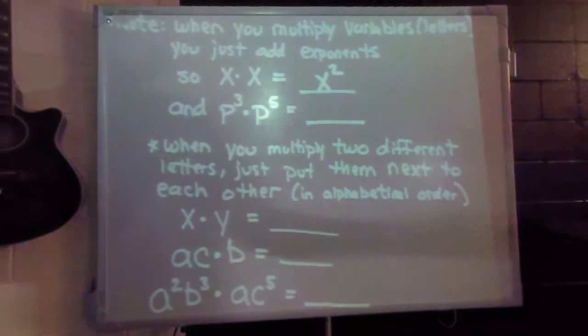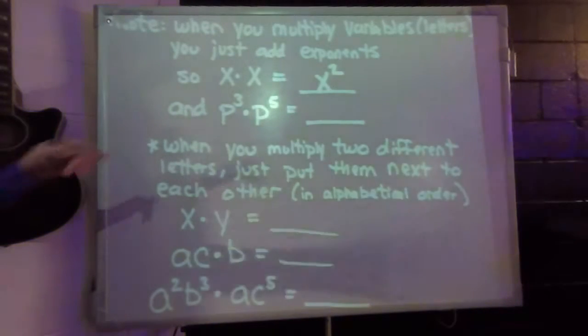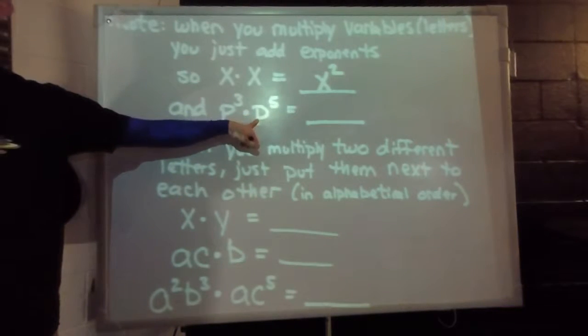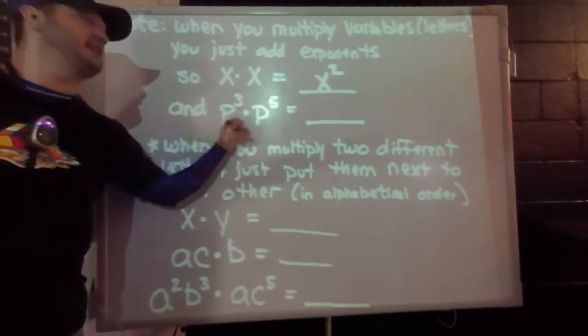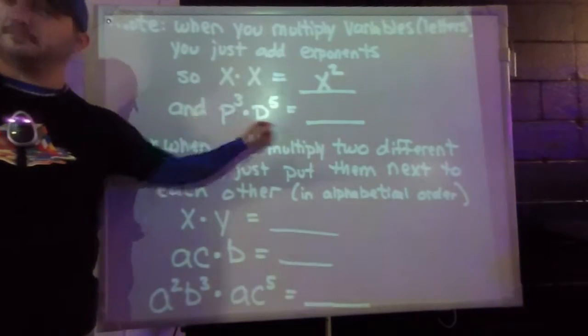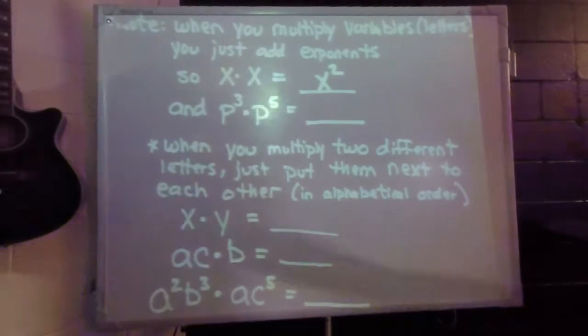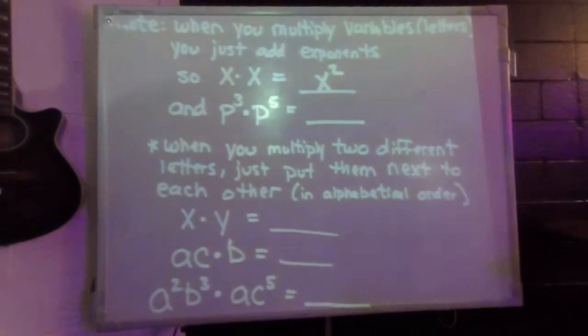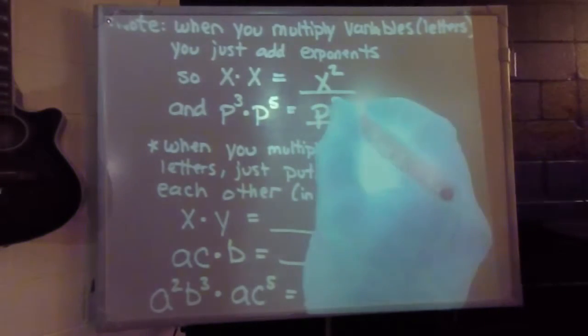That's one thought, but it's actually P8. This is P times P times P, and this is P times P times P times P times P. So really, it's just saying how many times you are multiplying that same P over and over again. 8 times. So when you multiply letters, add their exponents together, and then you get P to the 8.